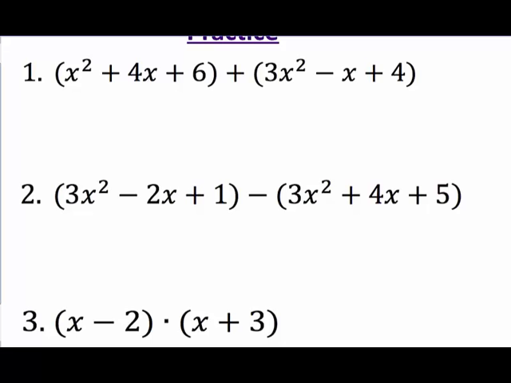So, for number 1, the first thing I'm going to do is notice that it is an adding situation. And so my first step can be to remove the parentheses. So if I remove the parentheses, I have x squared plus 4x plus 6 plus 3x squared minus x plus 4.